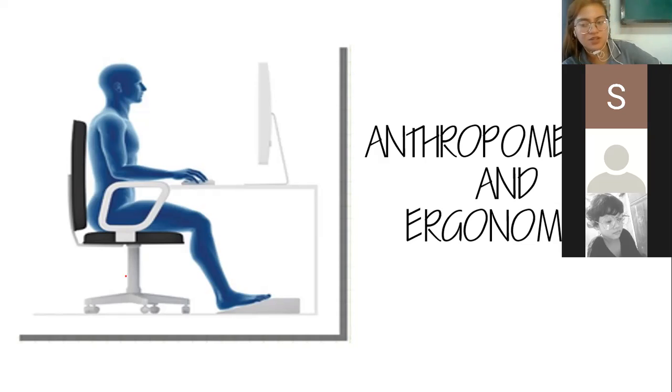Actually, it's one of the regulations of the government para dili ma-overdesign ang certain structure. So dapat siya gi-follow para dili siya pataka na lang og design.